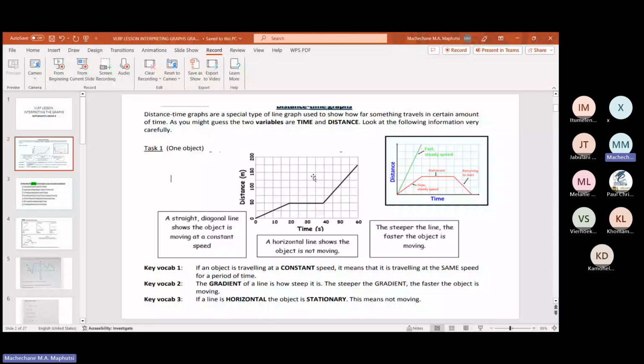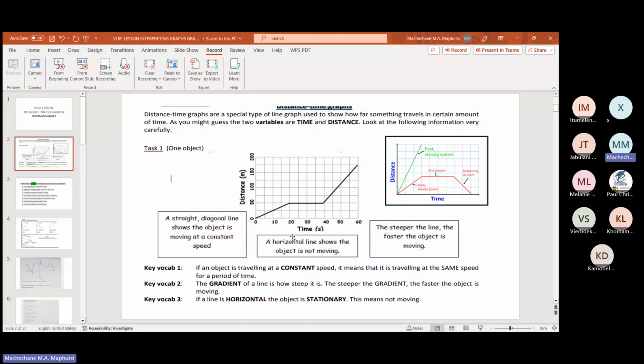But as you move from 40 to 60, you can see that again the slope is now changing from left to right. Then what does that mean? It means that as much as you see the line, the steepness now tells us that the object is moving at a faster pace or at a faster rate.